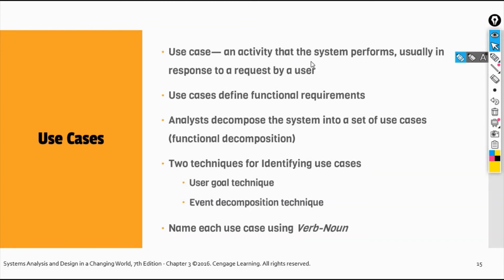The key word here is what the system performs, usually in response to a request by a user. In Chapter 1, or in Lesson 1, you can see a use case about the RMO trade show system.